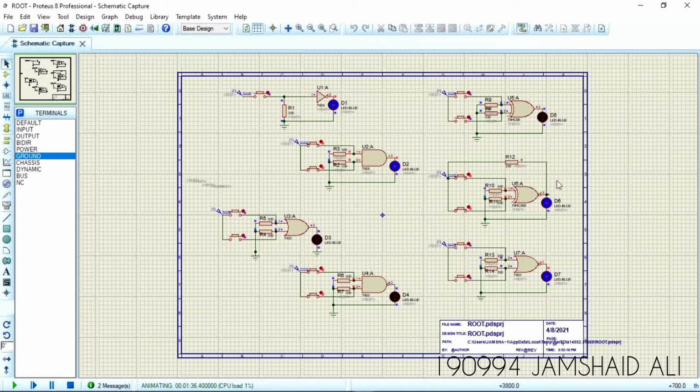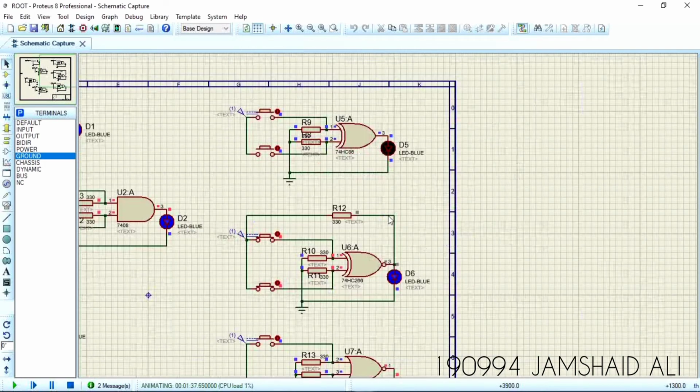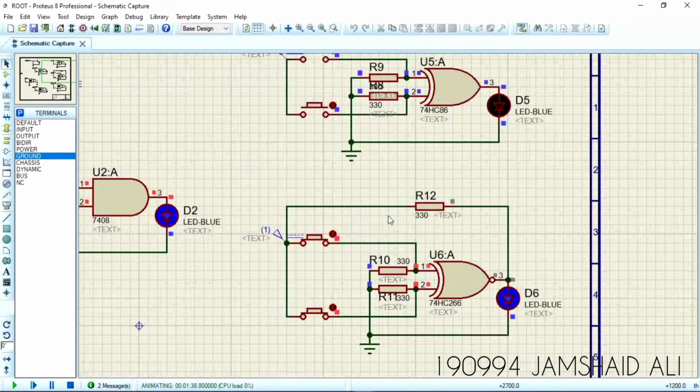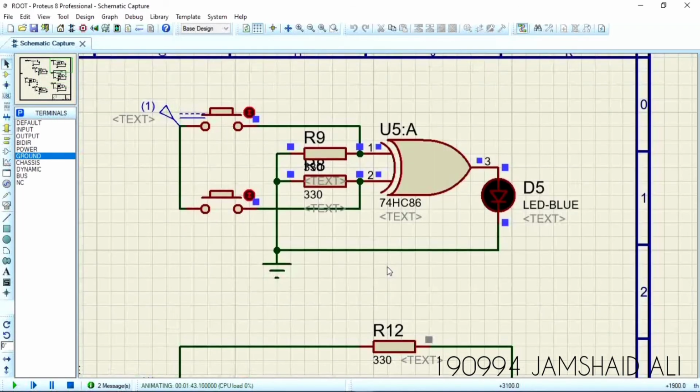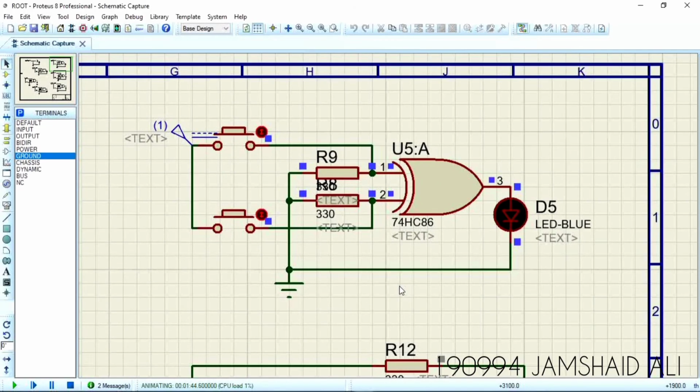Now I am going to discuss the universal gates, which are XOR and XNOR. The XOR circuit is almost like the basic logic gate circuit. Here we also use 2 resistors. In this case, if both inputs are the same, then the output is 0.